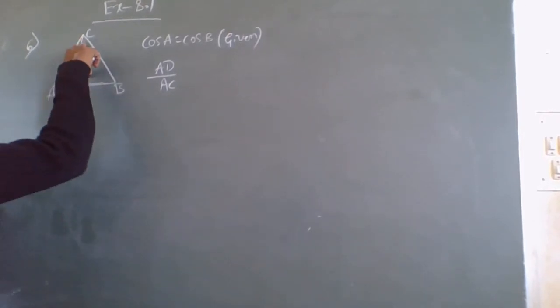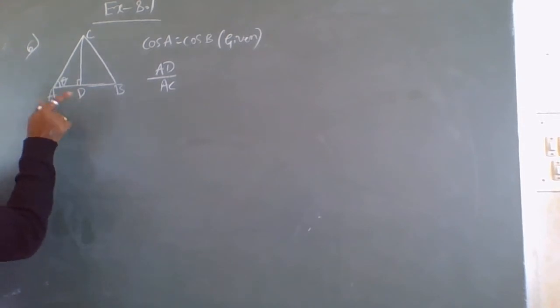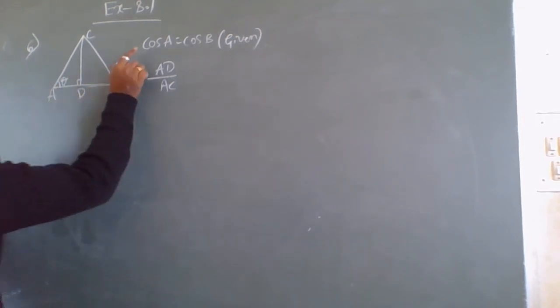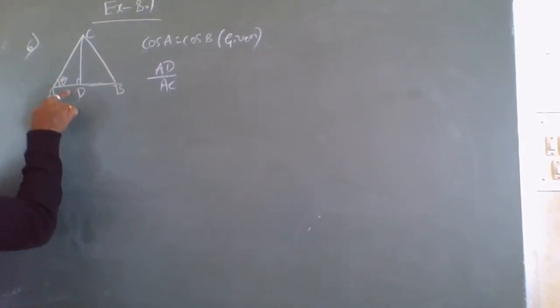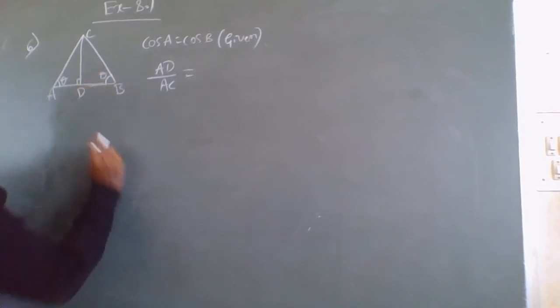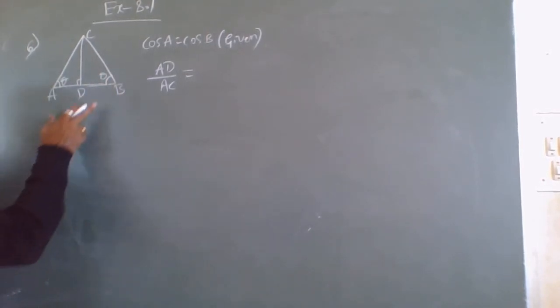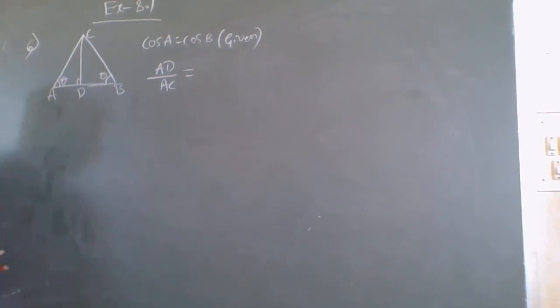This is the base adjacent to theta, and we know that cos theta equals base by hypotenuse, therefore AD by AC equals, like that over here, if B is theta, BD by BC.